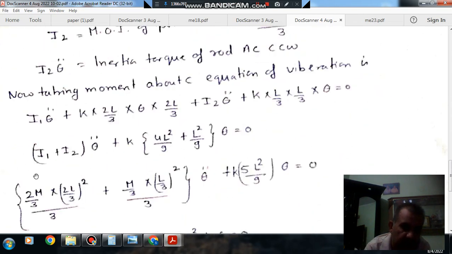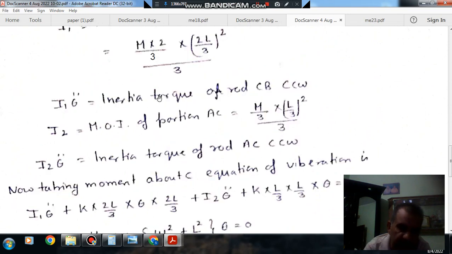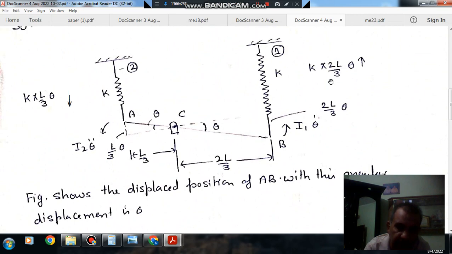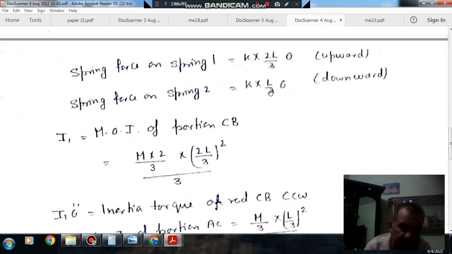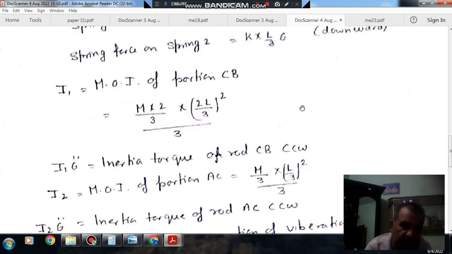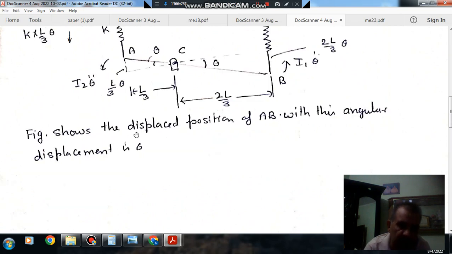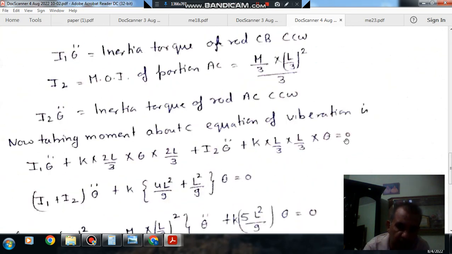The spring force K into 2L by 3 theta is causing clockwise movement, and I1 theta double dot is also clockwise, so they are positive. I2 theta double dot is clockwise, and KL by 3 into theta is the spring force with L by 3 as the distance, and it is also causing clockwise movement, so it is positive.